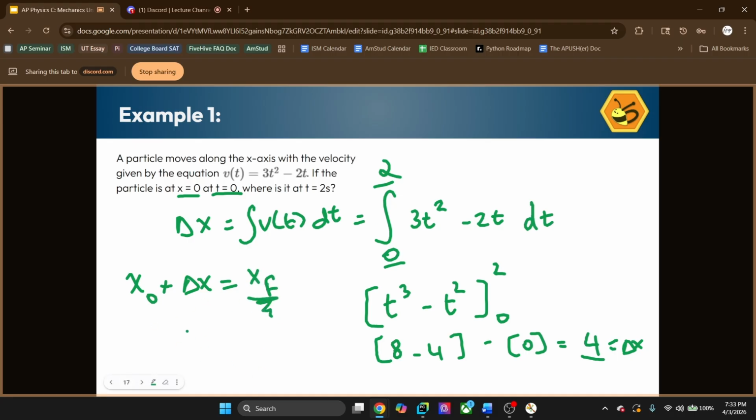We know delta x, that's 4. We know what x naught is, and in this case x naught is 0. So 0 plus 4 equals 4. If we're told x is equal to 3 at t equals 0, we can just say x naught is 3 and we add 4 to it and that becomes 7. But in this case, the answer is just 4.